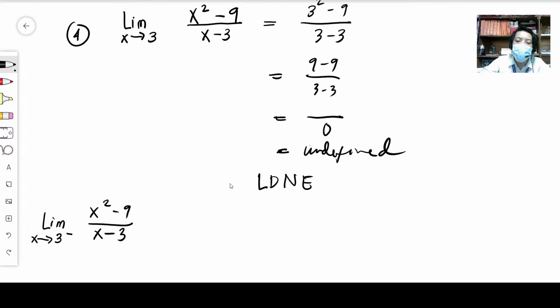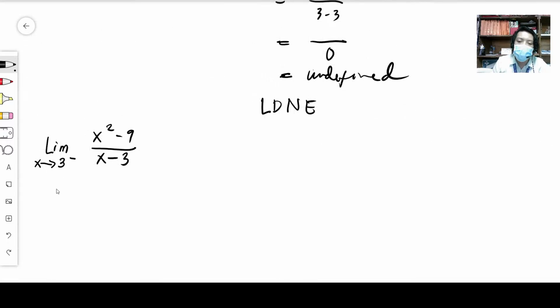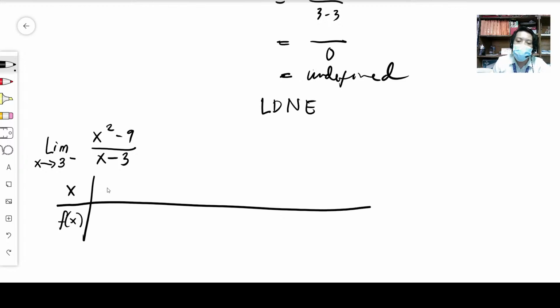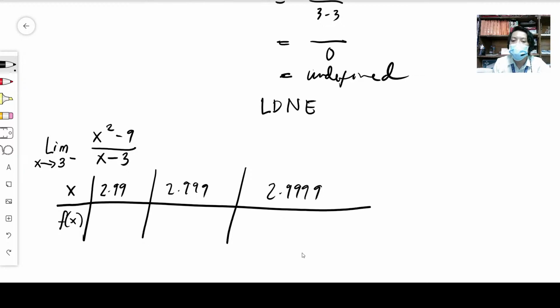So you have your table of values, x and f of x. Coming from the left of 3, this is 2.99, 2.999, 2.9999, approaching 3.